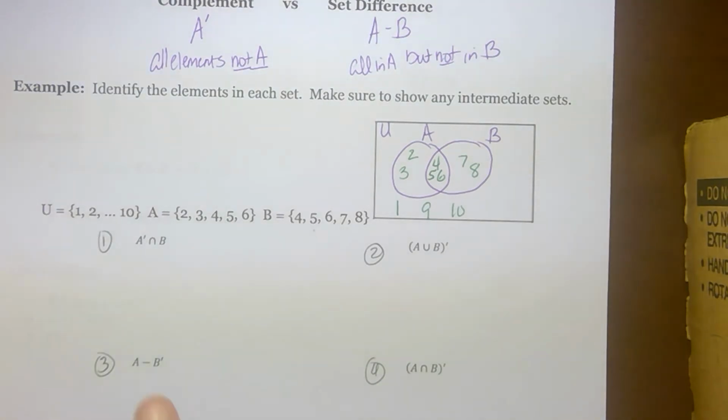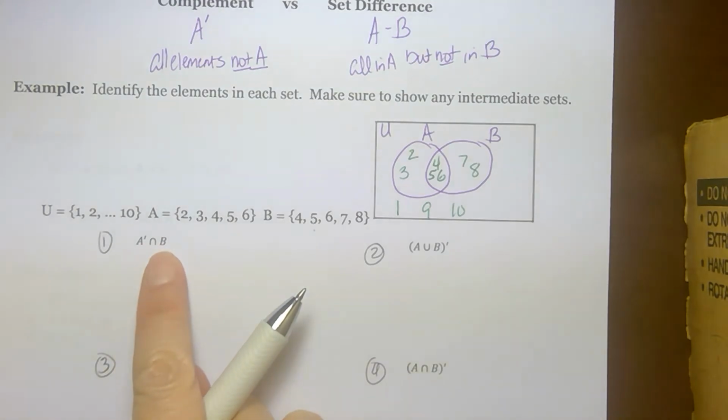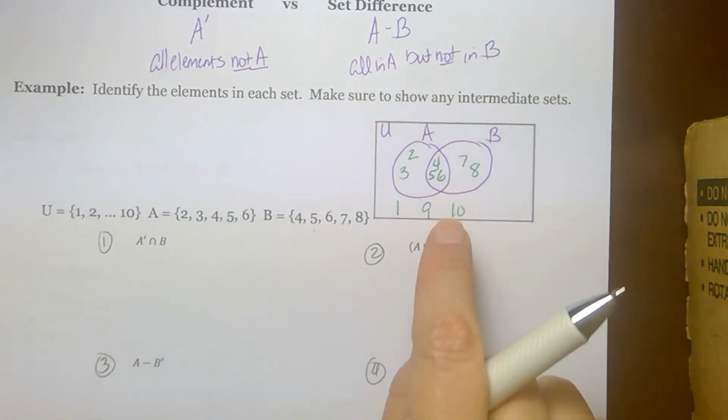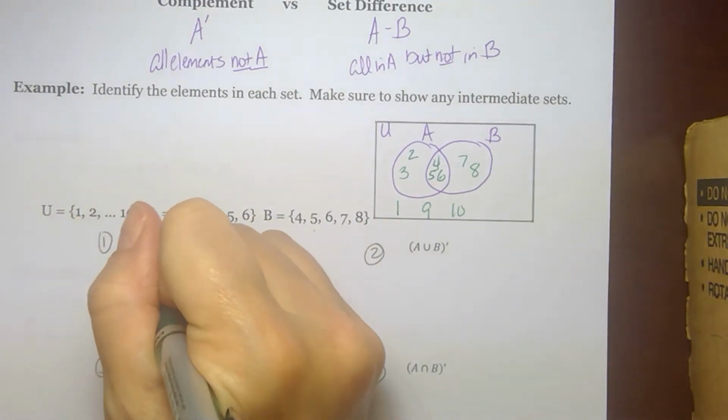Before we can figure out the intersection of not A with B, we have to know what's in not A. I can look right here and see what's in B, but I have to know that intermediate set. On the homework, you're going to have to give me intermediate sets, so make sure you get in the habit of doing it now. Before I can get the answer I'm being asked for, I need to know what is in not A.